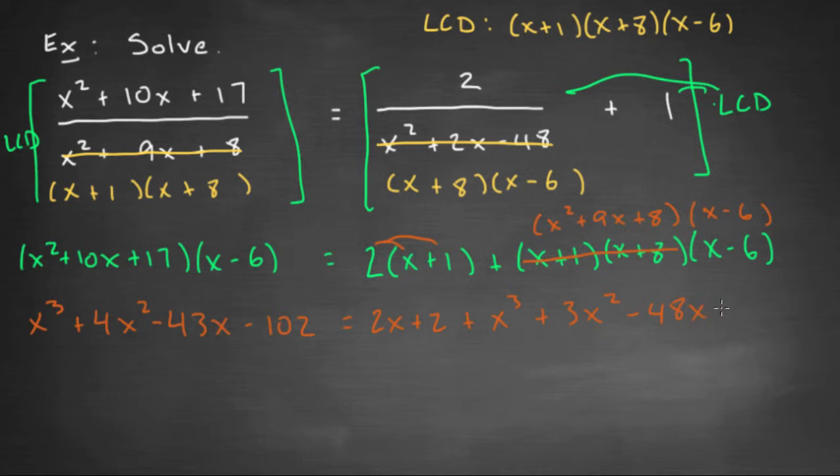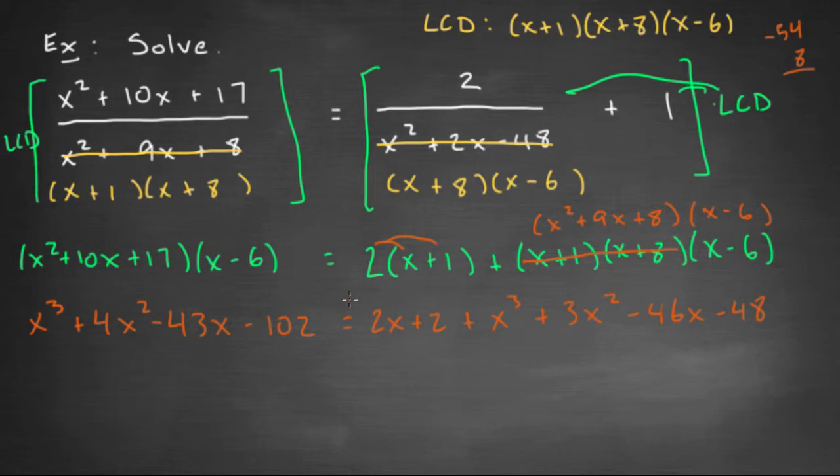Well, let me just double check that one, just want to make sure we're doing everything okay. 9x times 6 would be minus 54x, and plus 8x. So that would be minus 46x. And then the constant, you'd have minus 48.